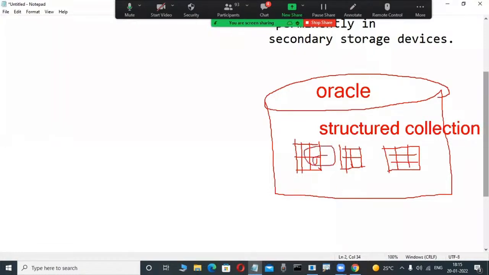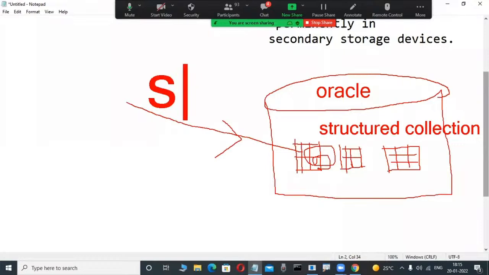Once we have a structured collection of data, we need some language to operate on this data. What is that language? Maybe you have an idea: SQL, Structured Query Language. Through this language we operate on the structured data in relational databases.